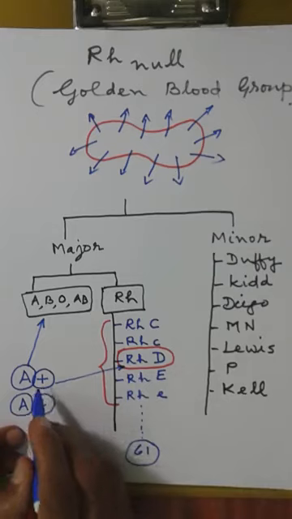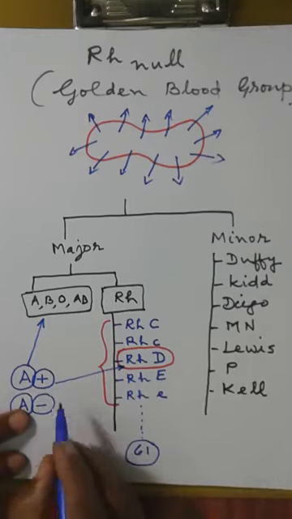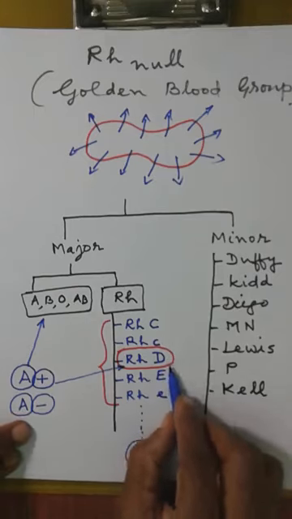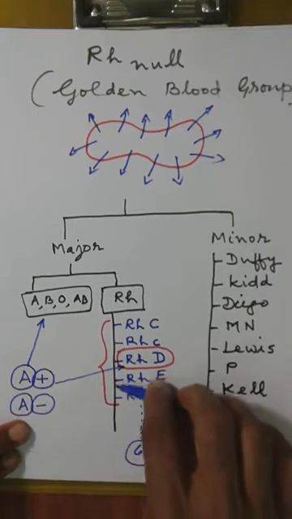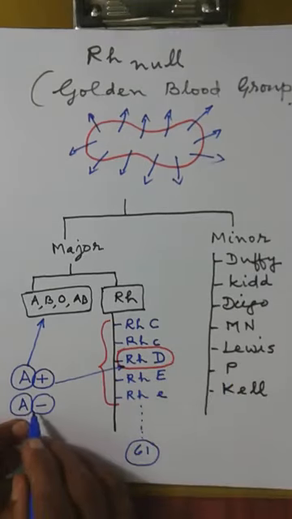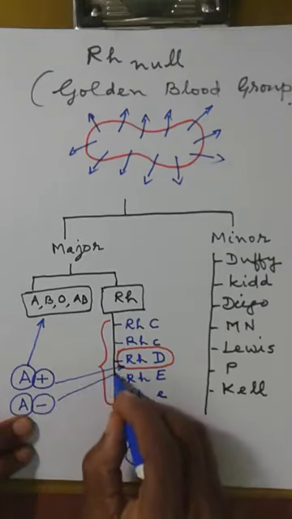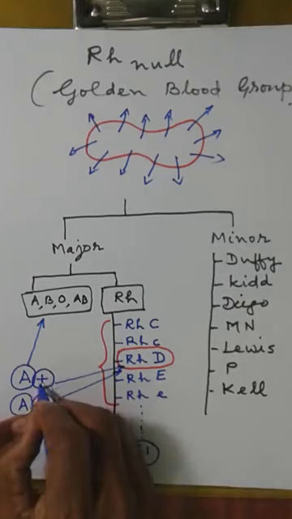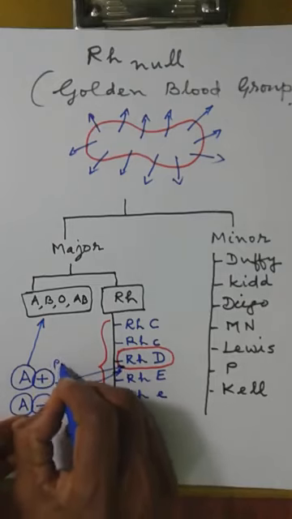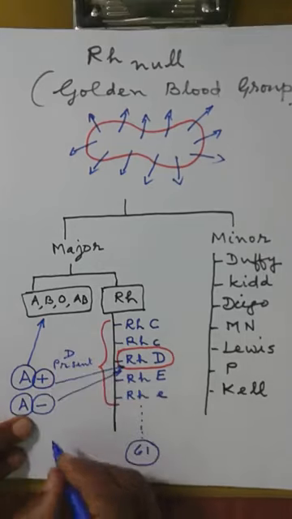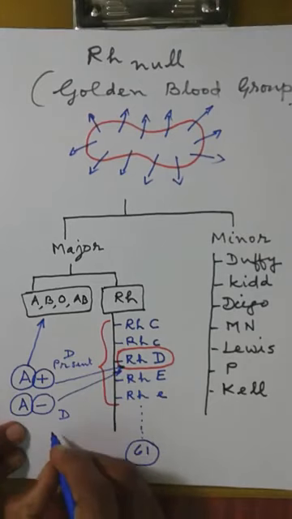So initially this plus and this minus indicate only the presence or absence of RHD. We forget about the other things. This minus means D alone is absent, and this plus means D is present.